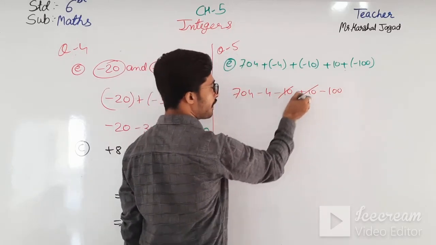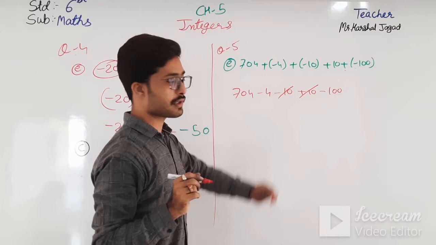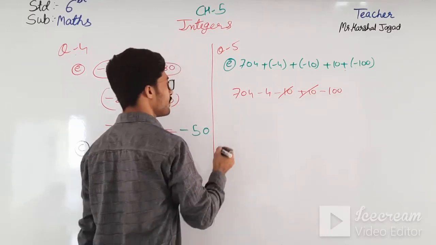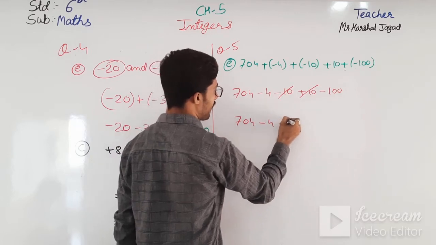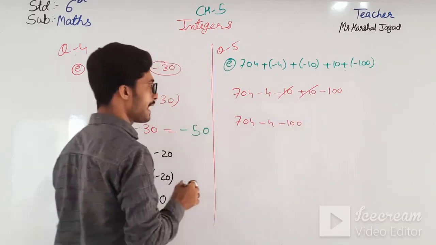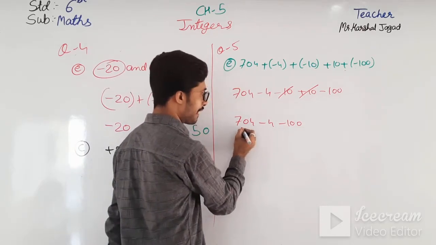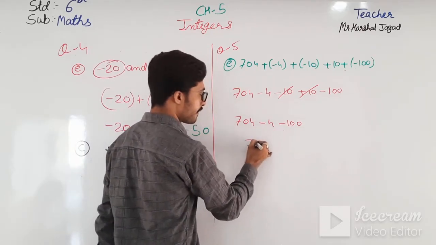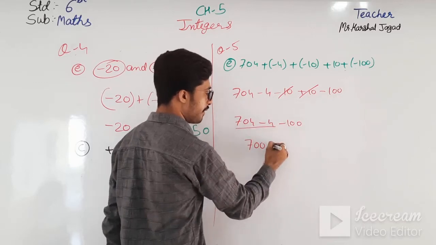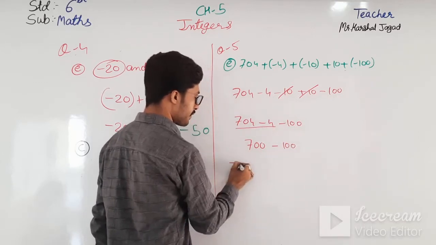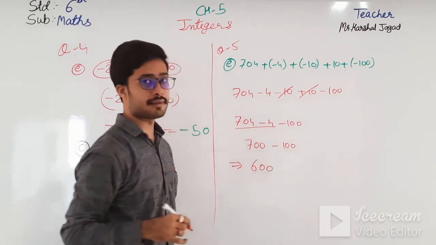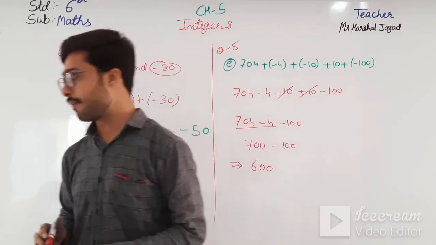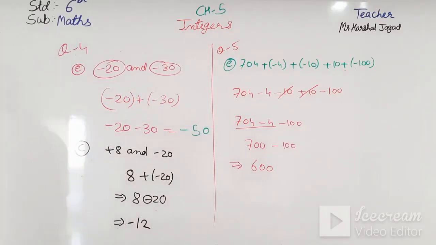Here minus 10 and plus 10 will be 0, so I have just cut it. Then here it remains 704 minus 4 minus 100. 704 minus 4 is 700, 700 minus 100. So your answer will be 600. Please note down this, this is exercise 5E.